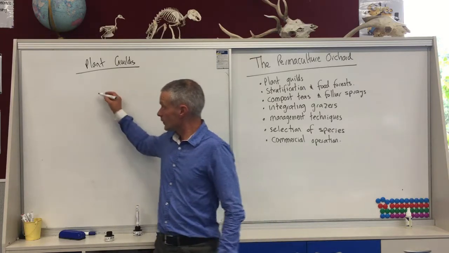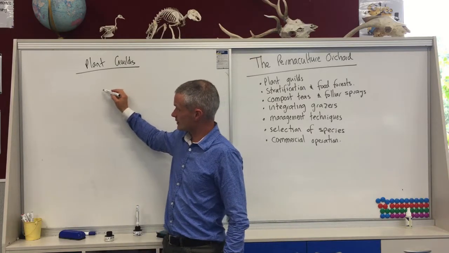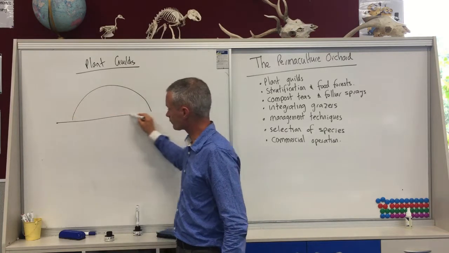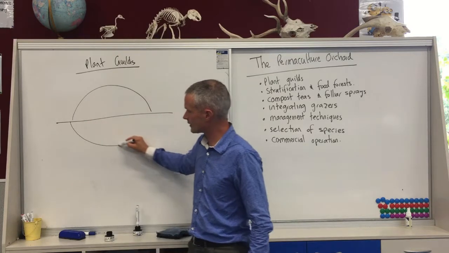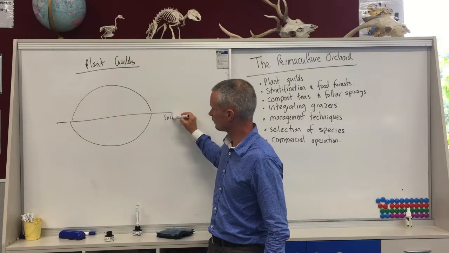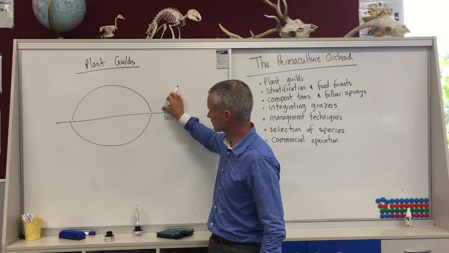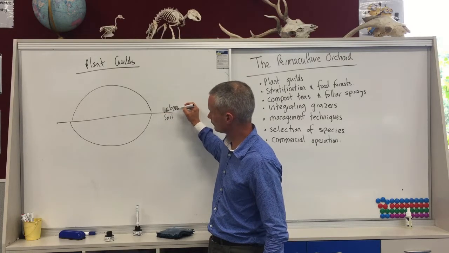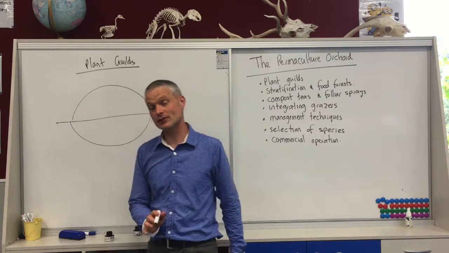So what we're looking for is an environment that's changed above the soil and below the soil by these plants. So this is the above ground. And there's a couple of different patterns in here.